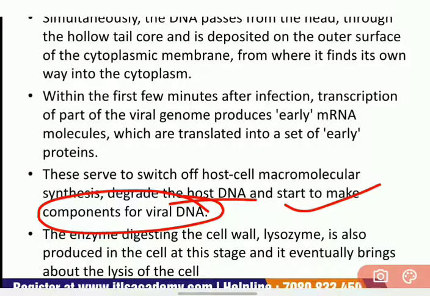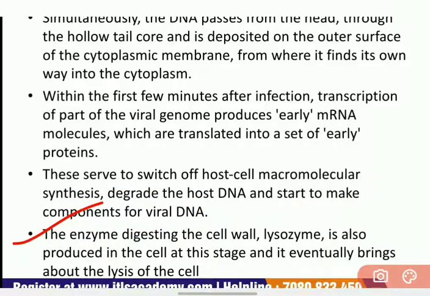These late messages are translated into the subunits of the capsid structure, which condense to form phage head, tails and tail fibers, and then together with viral DNA are assembled into complete infectious particles. Our next point is the enzyme digesting the cell wall. Lysozyme is also produced in the cell at this stage, and it eventually brings about the lysis of the cell.